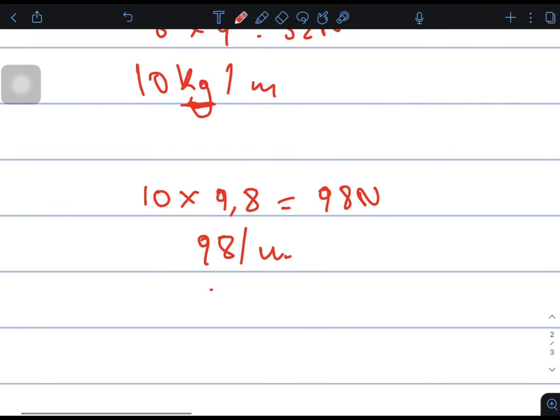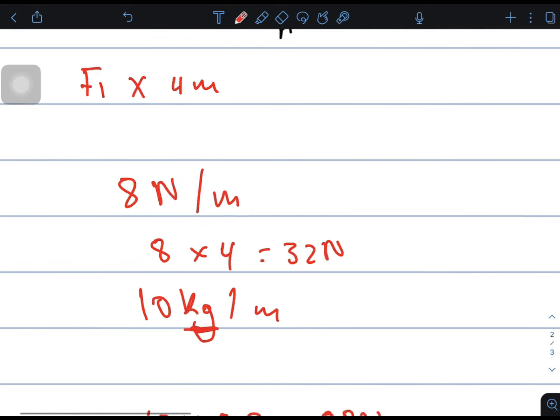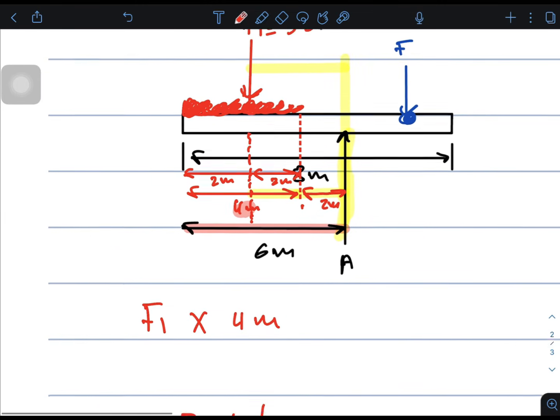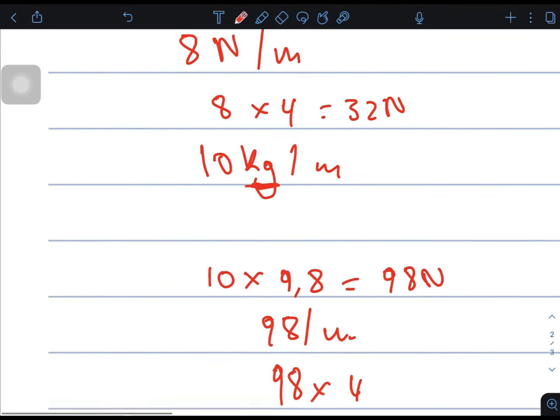Then I take that 98 and multiply it by 4, because the uniformly distributed load is acting along the beam for 4 meters.